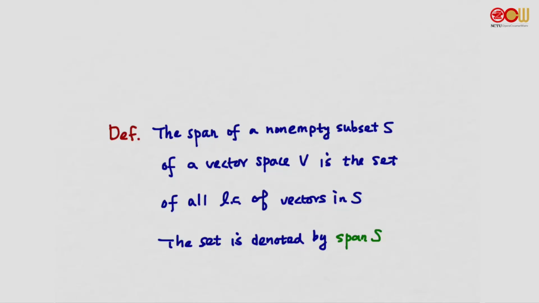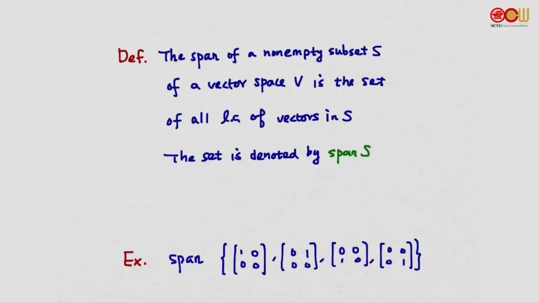Now span. The definition of span is very much like before. The span of a non-empty subset S of a vector space V is the set of all linear combinations of vectors in S. The set is denoted by span S. For example, let's consider the span of these 4 vectors that we have seen earlier.